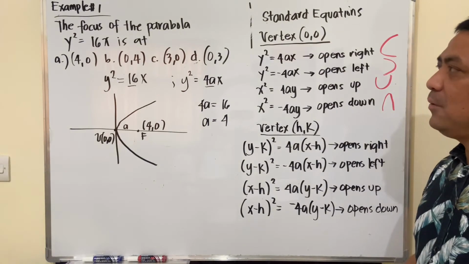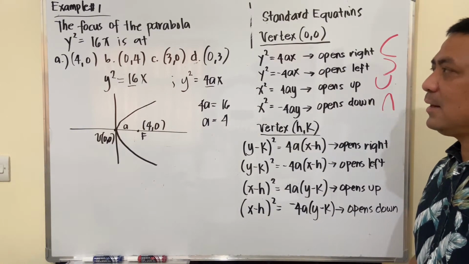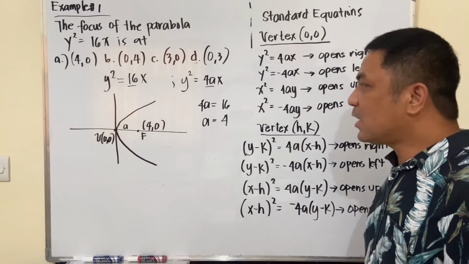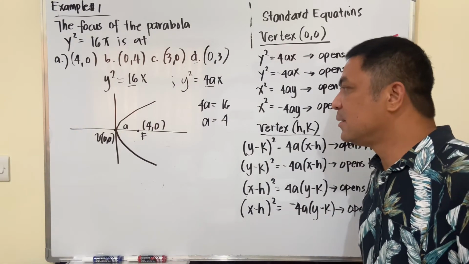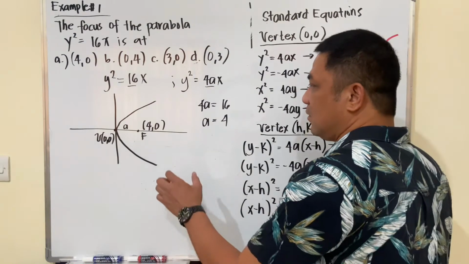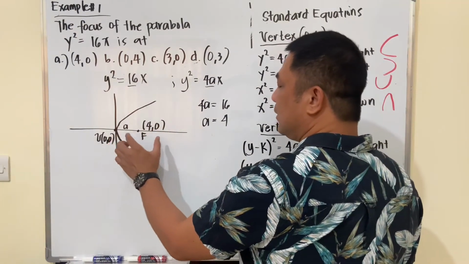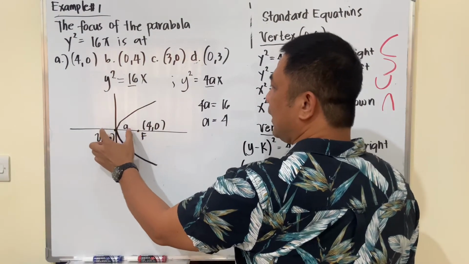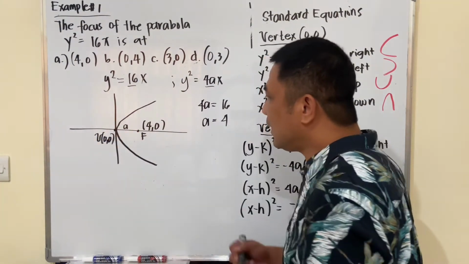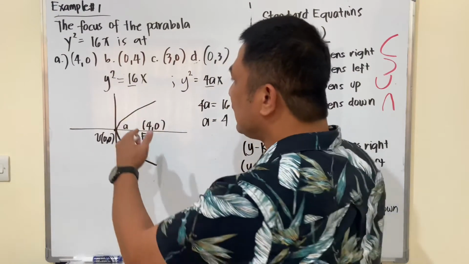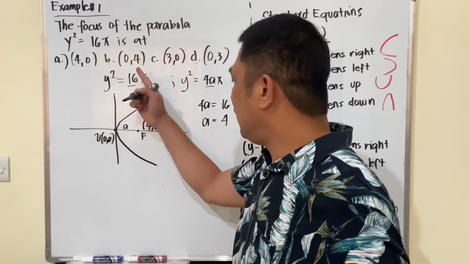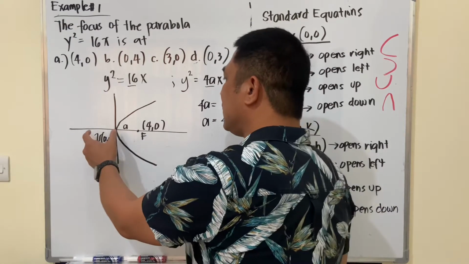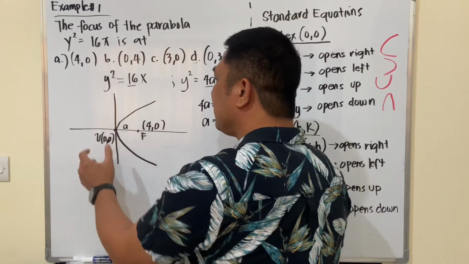Again, if you are also asked about the directrix, what's the equation of the directrix? The directrix is equidistant from your vertex, just like your focus. So if I extend this onto the other side of your y-axis, since it's equidistant, this distance is also a.